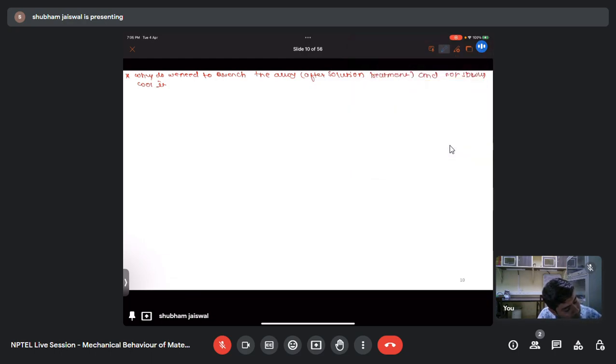And the second thing after this we have seen is the dispersion strengthening. So in dispersion strengthening, the strength is enhanced by the addition of the dispersoids that are added externally. So dispersoids are the hard and insoluble second phases which restrict the movement of the dislocations and by which we will get the enhancement in the strength.